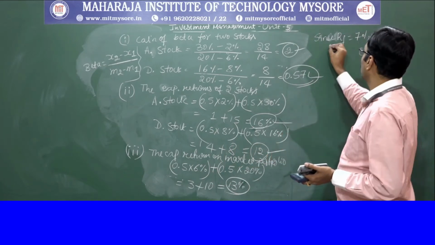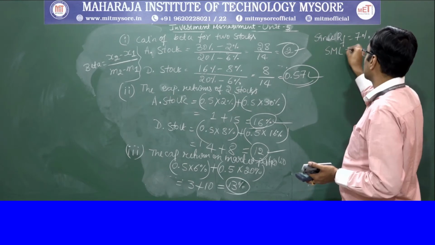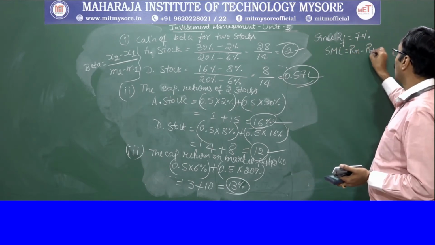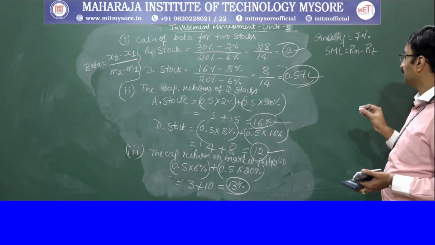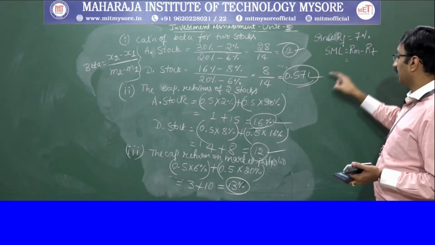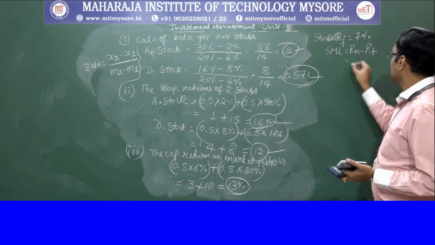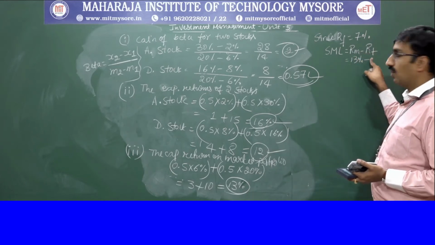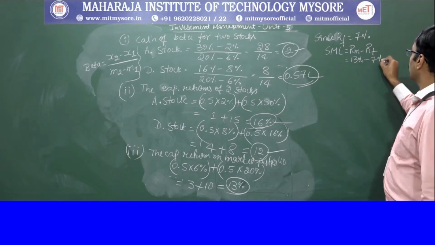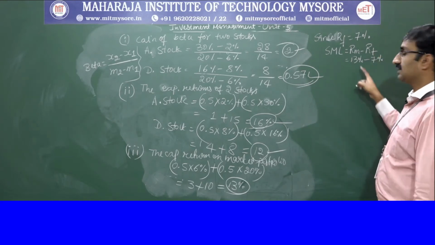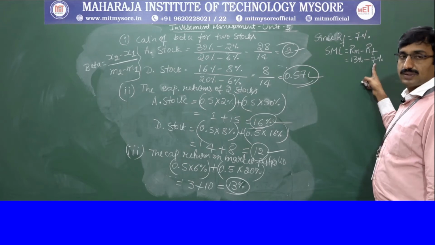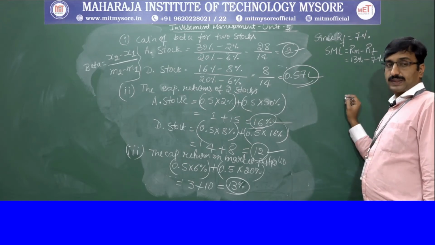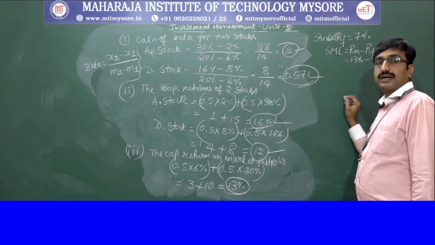In the security market line, we consider the return on the market portfolio and the risk free rate of return. The return on the market portfolio is 13% and RF is 7%.